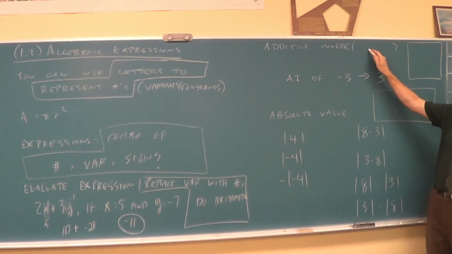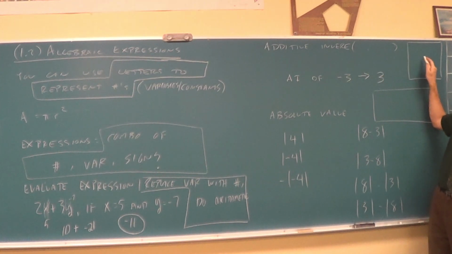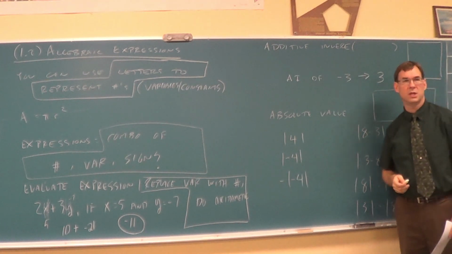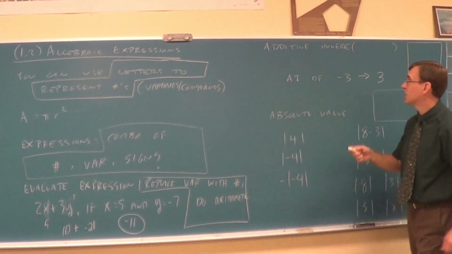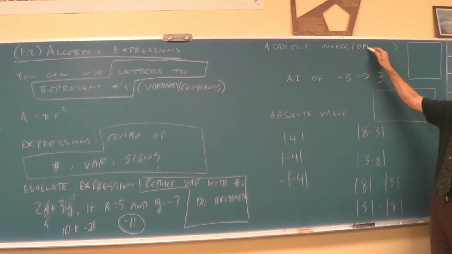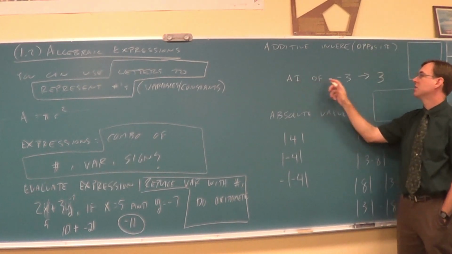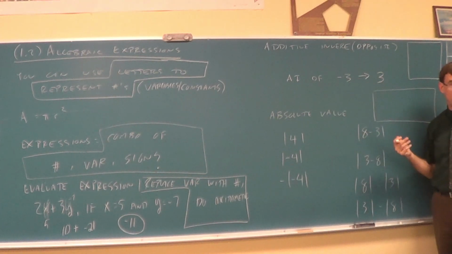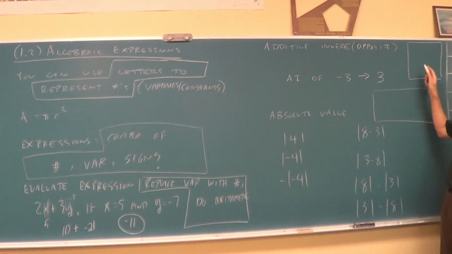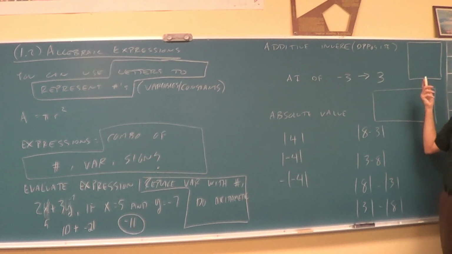A thought on either a synonym for that or an explanation of what in the world we just did. Opposites. Okay, so additive inverses are sometimes called opposites. So I could ask you, find the opposite of negative 3, and you shoot back positive 3.